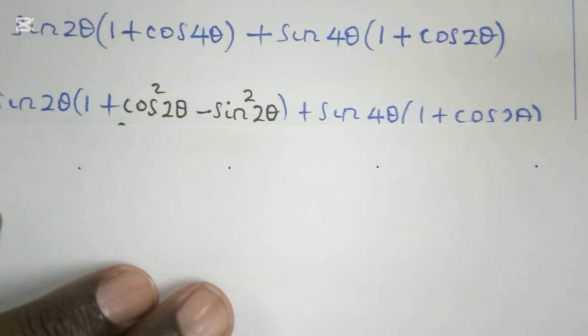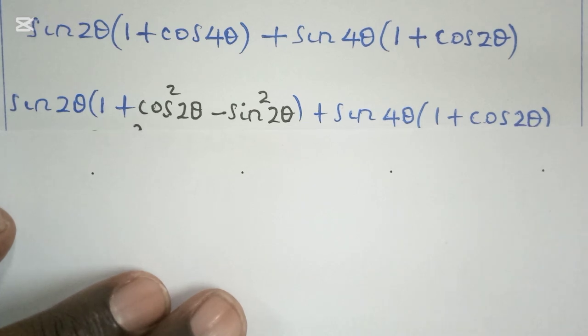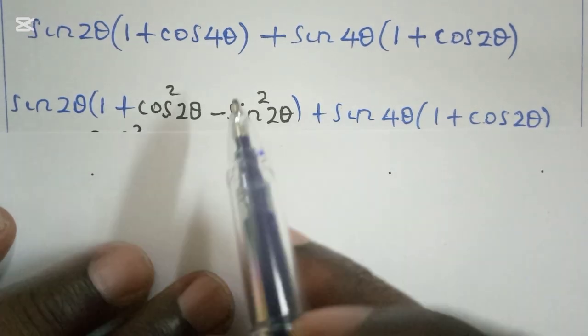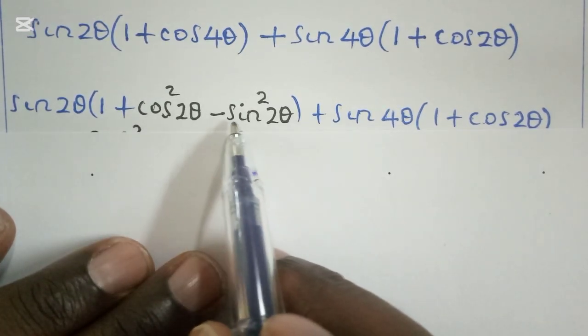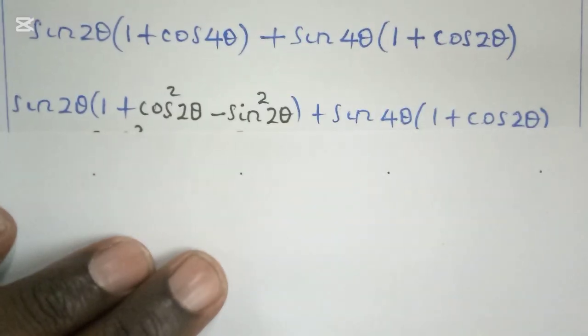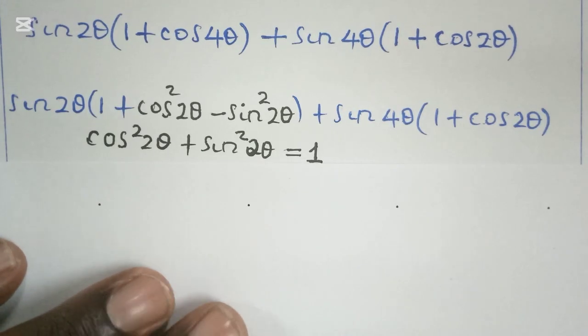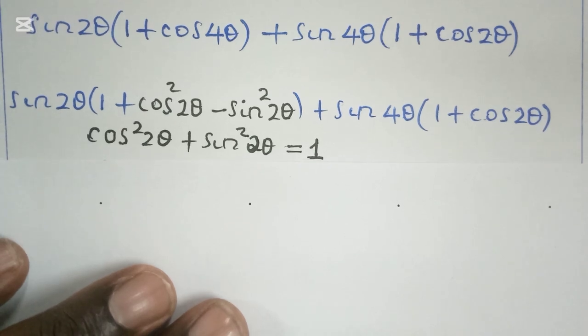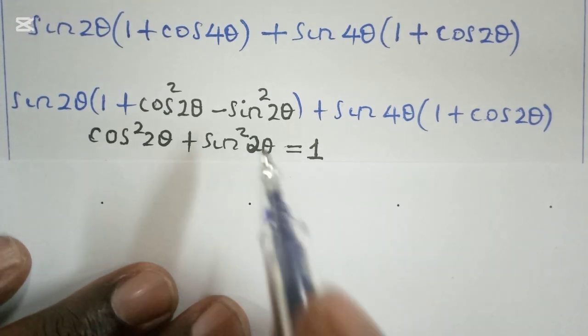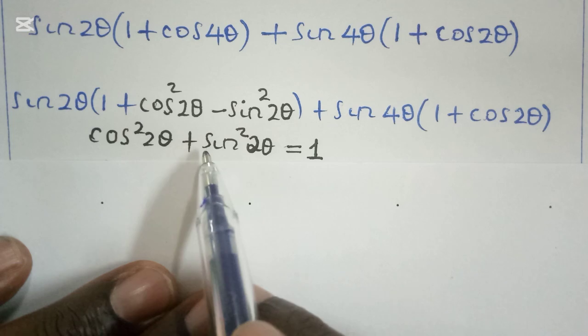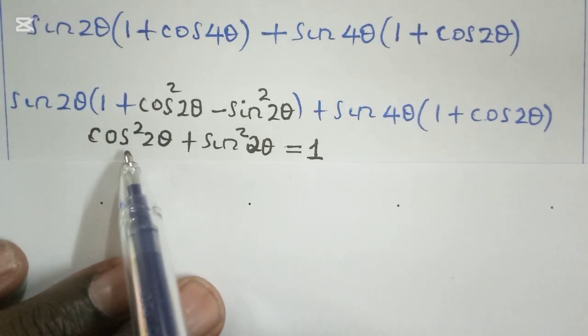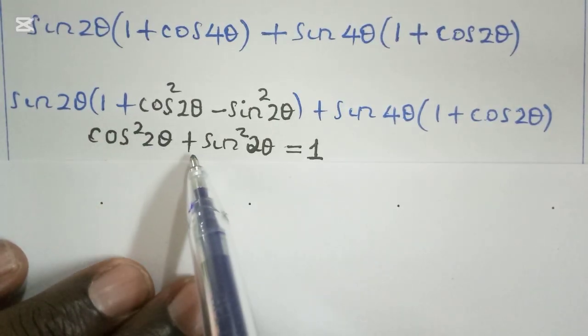So when we replace with that identity, guys, we can now come and also replace negative sine squared 2 theta by this other identity. And negative sine squared 2 theta is equal to, we just bring this one here, cos squared 2 theta minus 1.